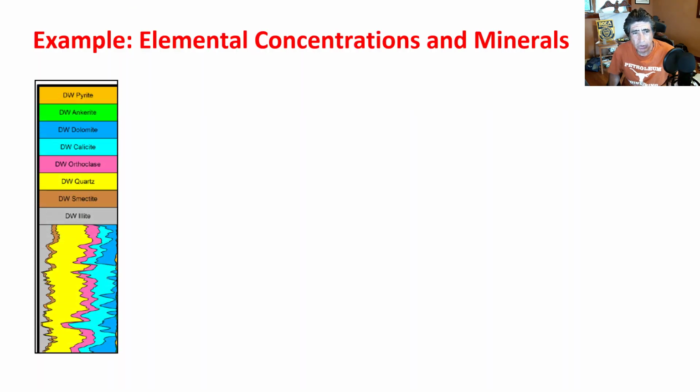So as an example of these plots, now we can have more granularity, for instance, here in describing different minerals: pyrite, ankerite, dolomite, calcite, orthoclase, quartz, especially in very complex formations where you have not only carbonates, but you have also clastic rocks.